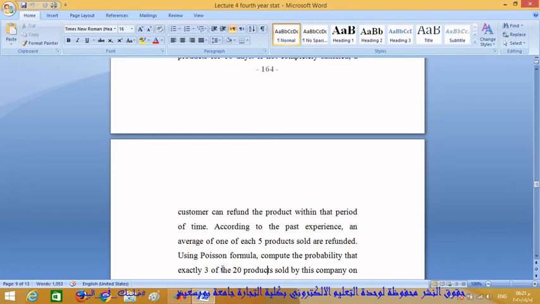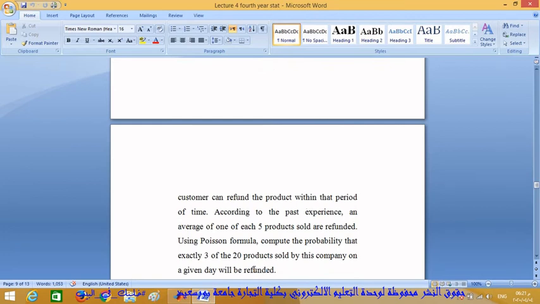So if lambda equals 1 during the interval of 5, lambda will be 4 during the interval of 20 products. Take care about this.